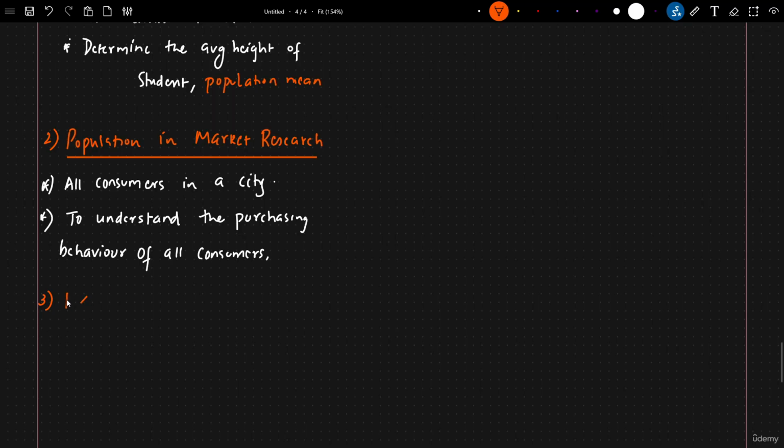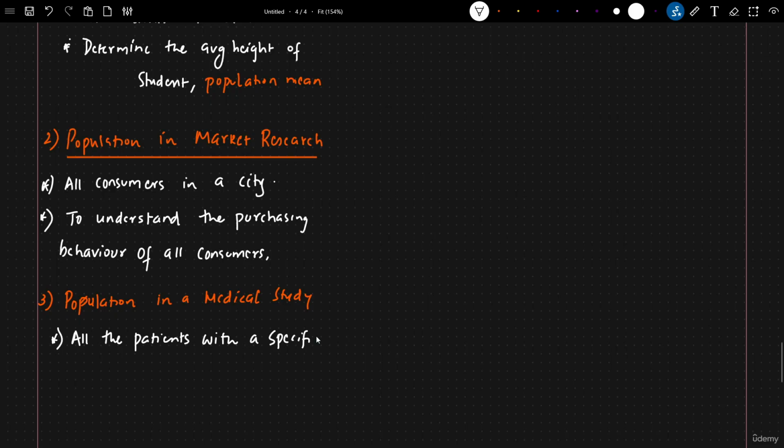Third example that can be considered is population in a medical study. So when we are specifically doing this, in this case, what will be my population? All the patients with a specific disease.